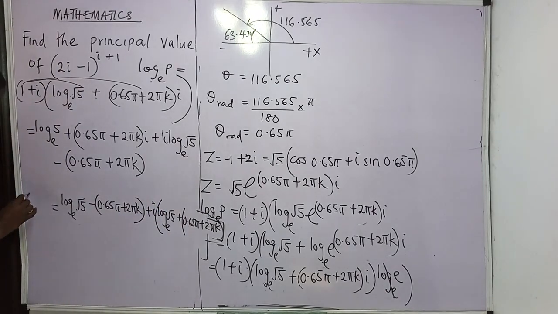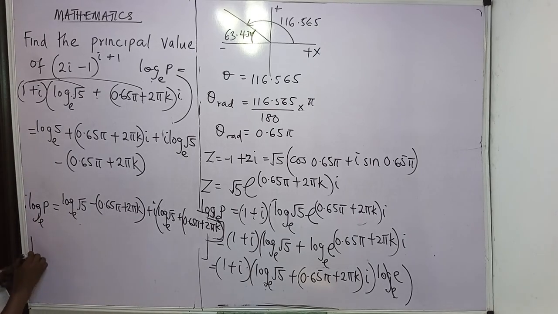Now, all of them is equal to log to base e to the power of p. So our final answer will now be what? p will now be equal to what?